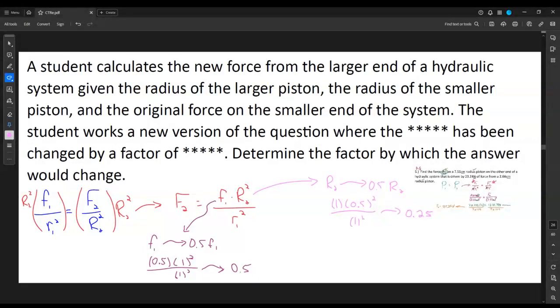Okay, and then last one to look at. So if we look at this one, say that the little radius is adjusted by some factor, then look at where that is in the formula. And again, you might kind of see where this is going. But the original little force is unaffected, so it has a ratio of 1. The big radius in this question is unchanged, so it also ends up being 1 when we plug in the ratio. Don't forget that it's squared, even though technically it's not doing anything here.